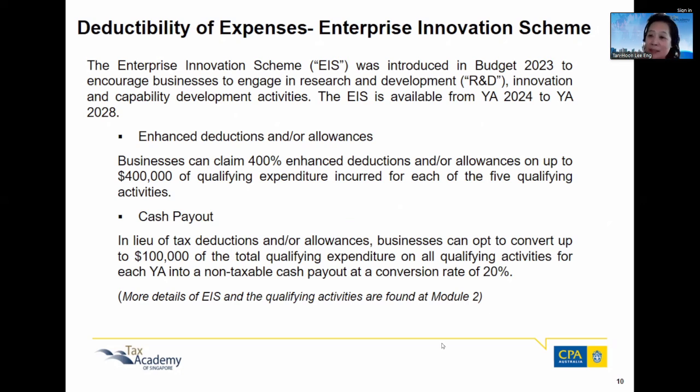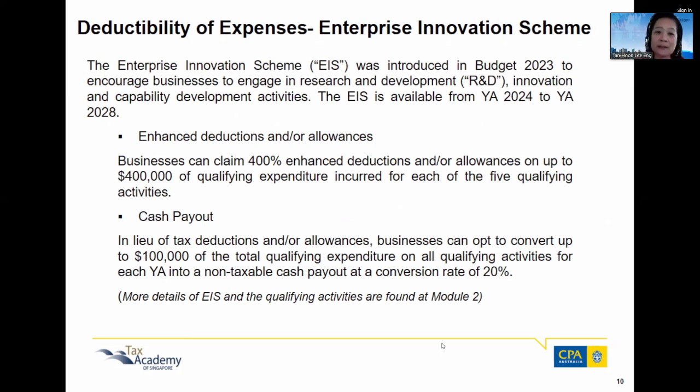It's quite similar to PIC, if those of you remember. So we have this enhanced deduction or allowances, which is very attractive. You can claim up to 400% of the cost, and it's capped at 400,000. So this is the deduction.